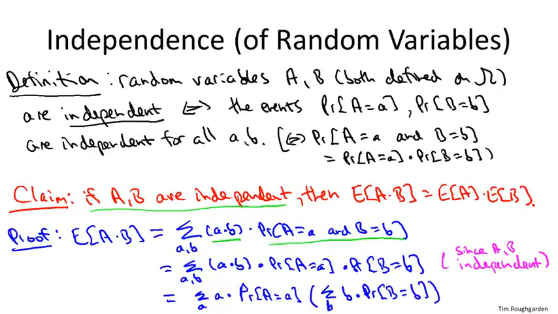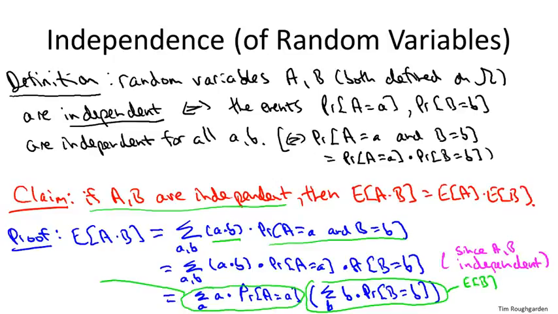Now what's inside the quantity? This is just the definition of the expectation of B. And then what remains after we've factored out the expectation of B? Just this other sum, which is the definition of the expectation of A. So indeed, for independent random variables, the expected value of the product is equal to the product of the expectations.